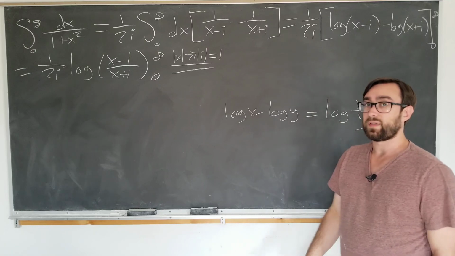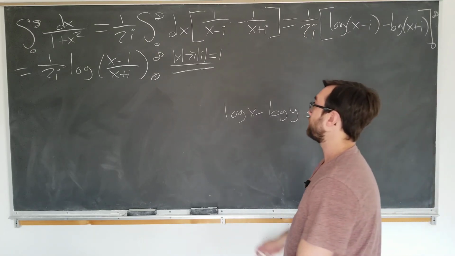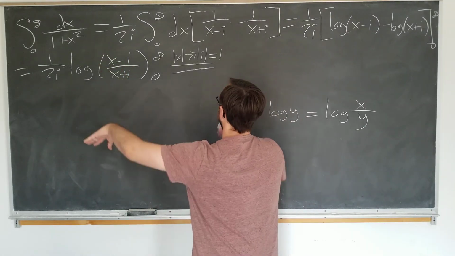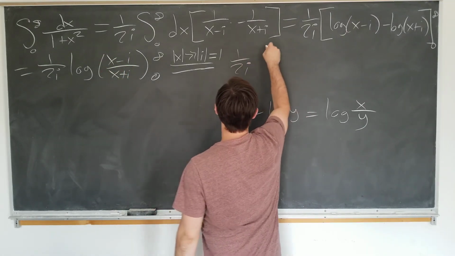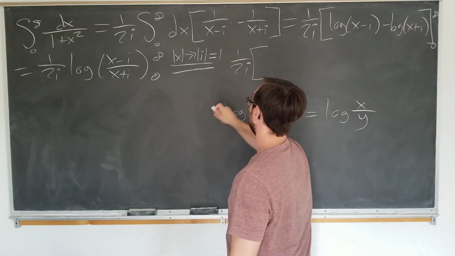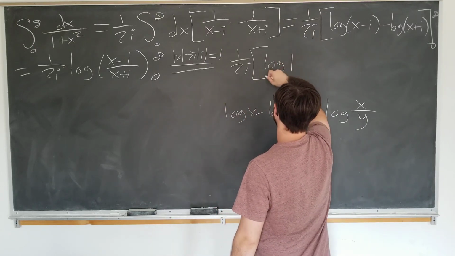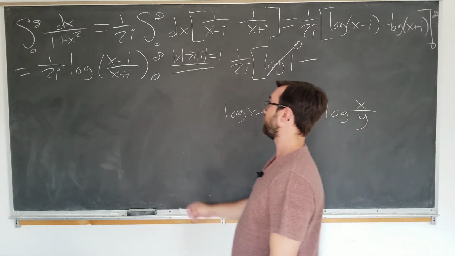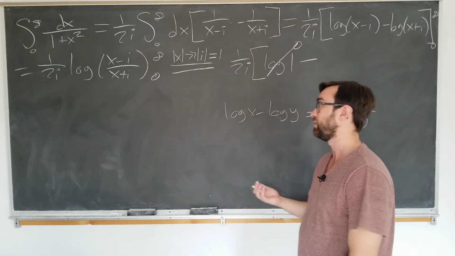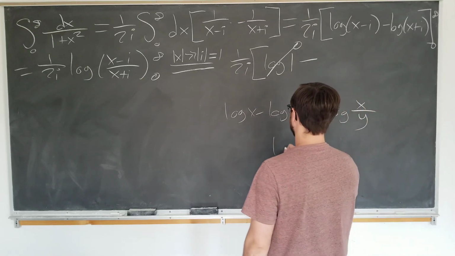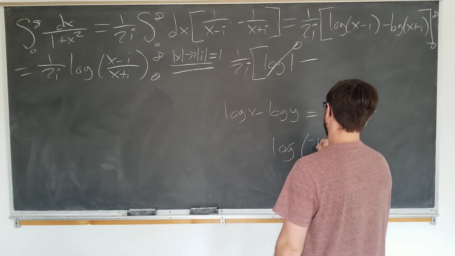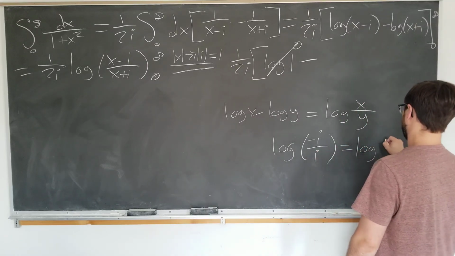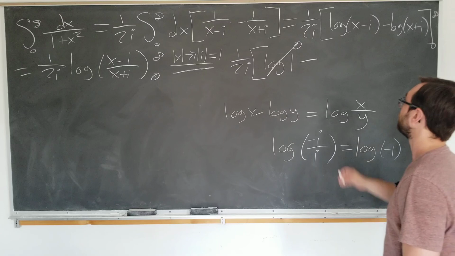This is going to evaluate the infinite limit. So if x is much greater than i in magnitude, we can simply ignore the i's. So it becomes 1 over 2i. The first term becomes log of 1, which of course is 0. And the second term, we shouldn't have any problem plugging in 0 into this expression. So it becomes log of minus i over i, which is of course log of minus 1.